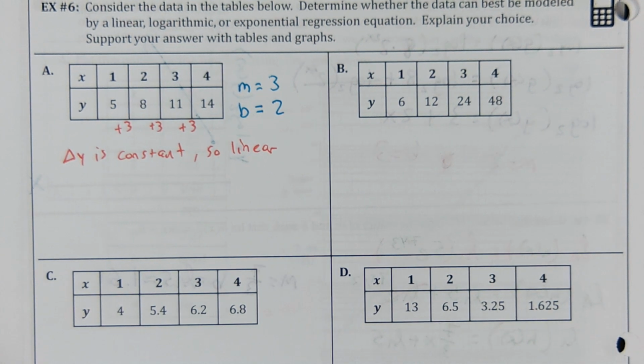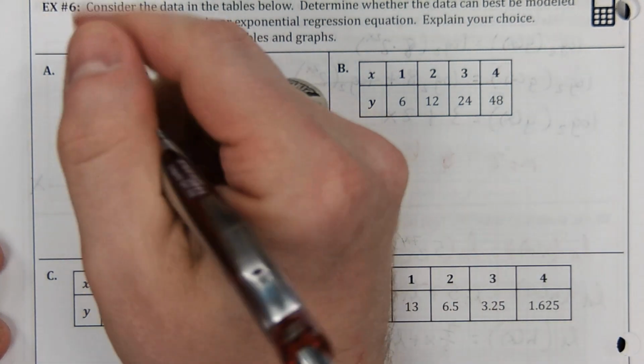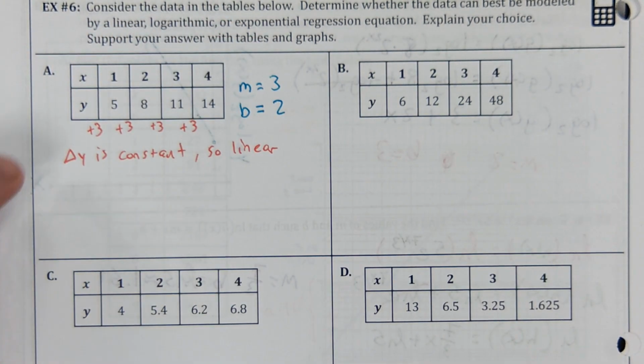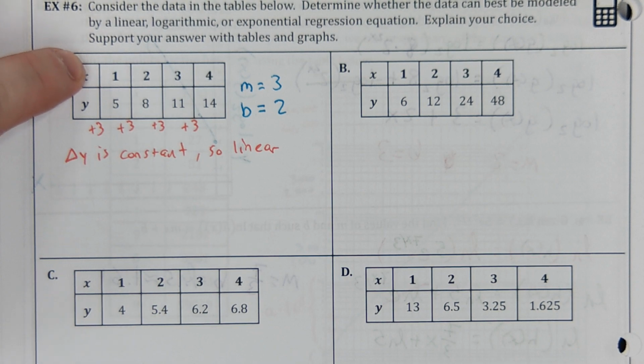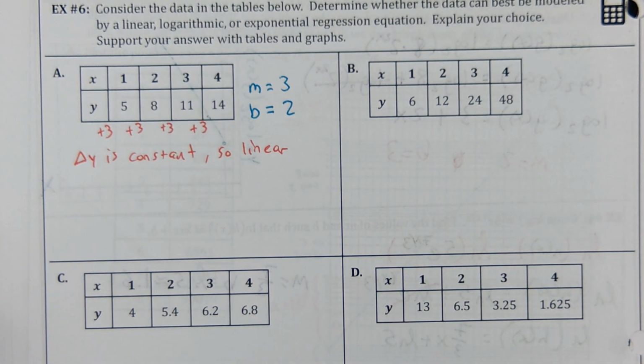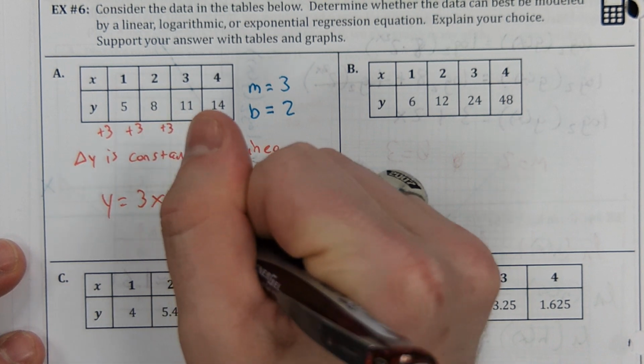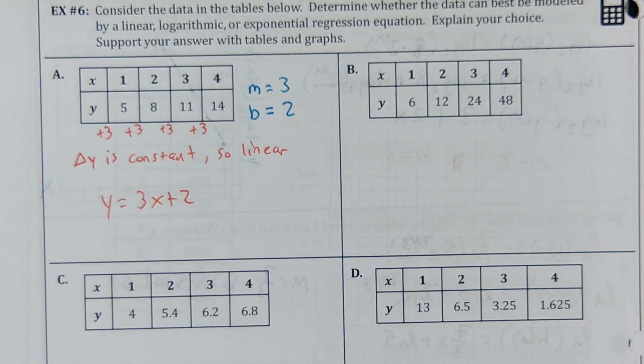Oh, okay, you're not wrong, but you worked too hard. It's because this one also would have been plus 3, right? So if x was 0, this would have been a 2. But you're absolutely right. So instead of adding 3, you could just subtract 3 and get to 2. That gives us a linear model of 3x plus 2. Boom. So easy. Perfectly linear.